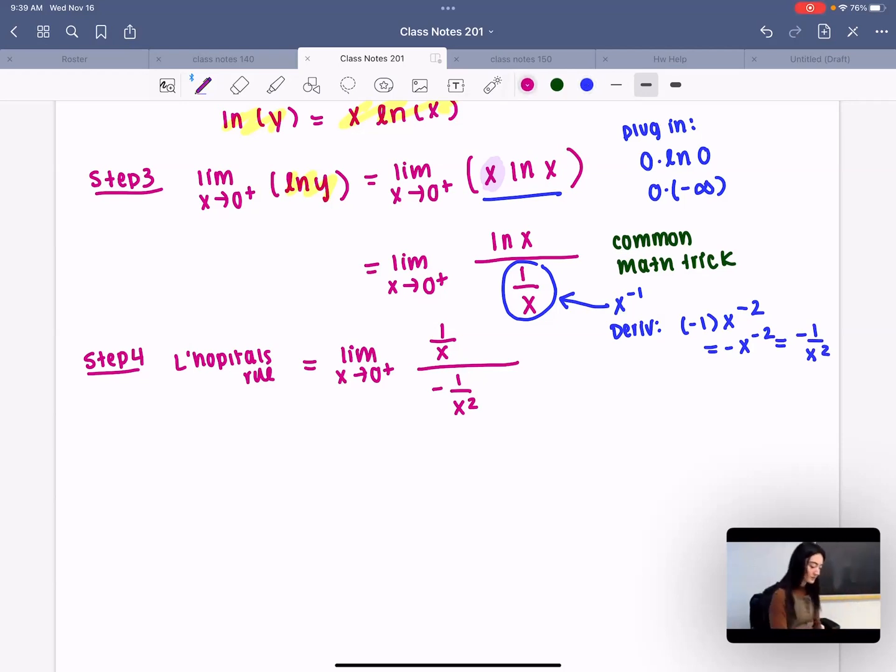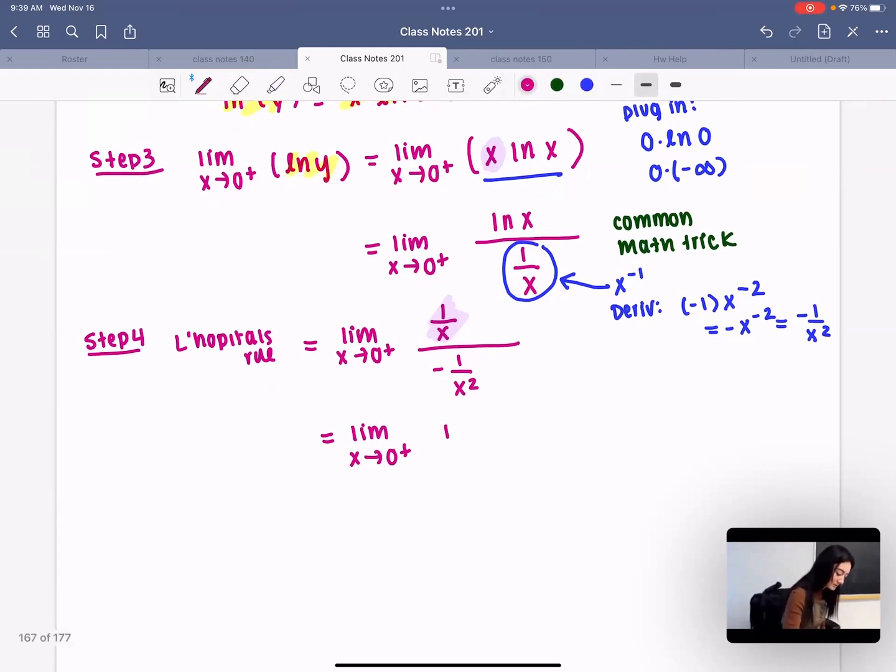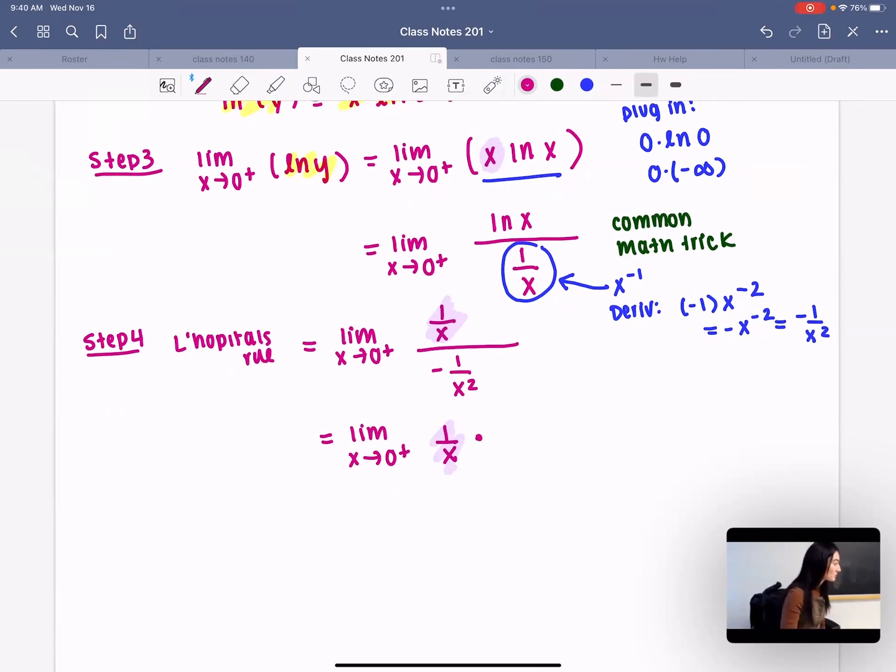Okay. Once we're here, looks like we can keep, change, and flip, right? Remember, keep the top the same. So I'm going to keep the 1 over x the same. Change the division sign to multiplication, and then flip the bottom fraction around.